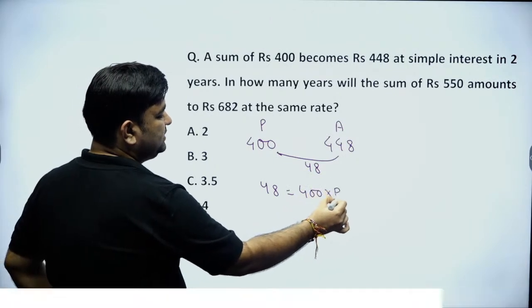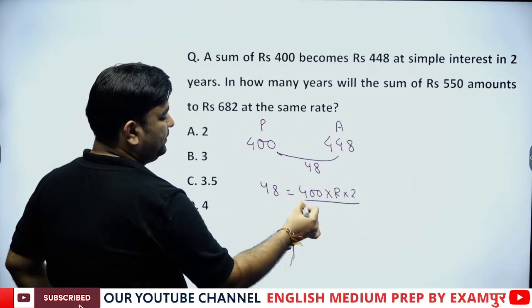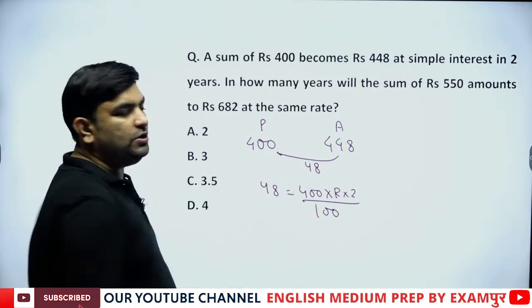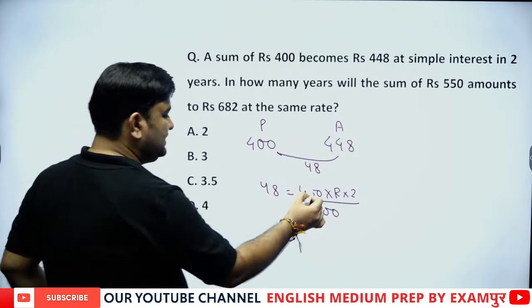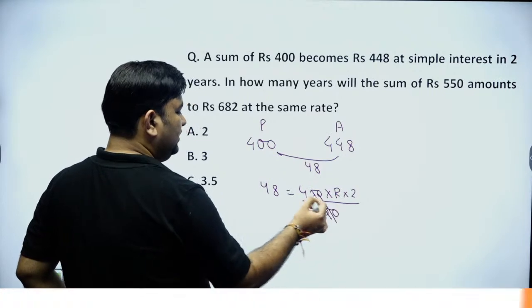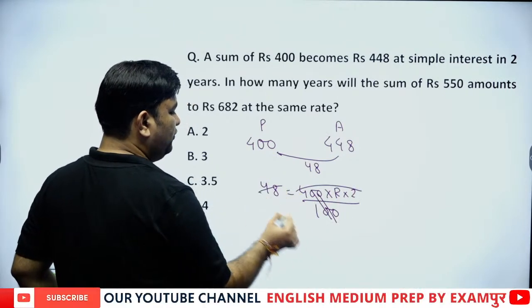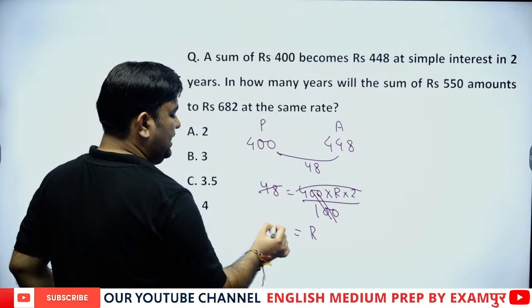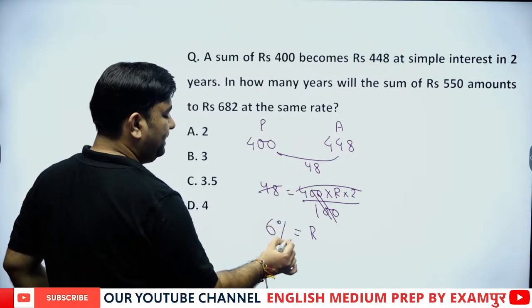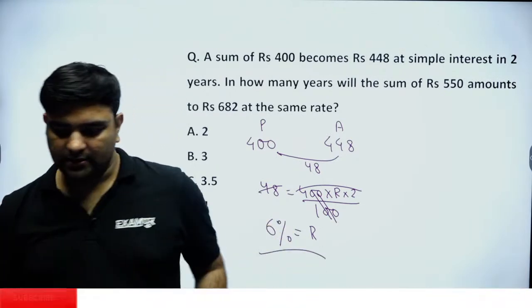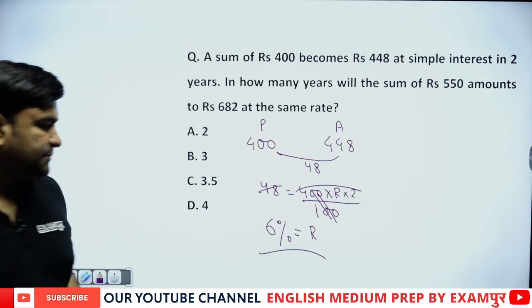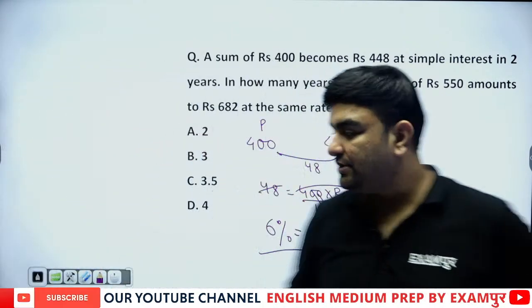What is the rate if this happens in 2 years? You will say 8 6s are 48. Rate is 6%.